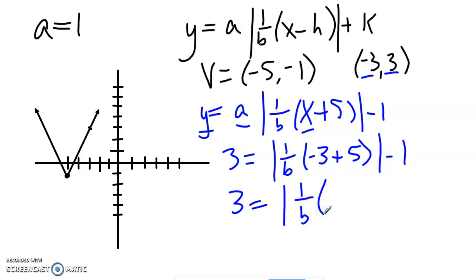-3 plus 5 is 2. Minus 1. And then if I add 1 to both sides, I get 4 equals the absolute value of 1 over b times 2.